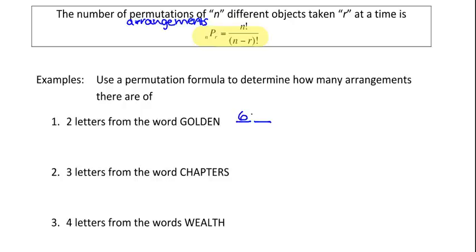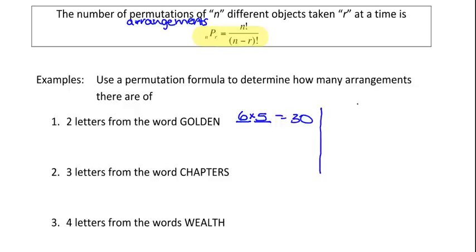That leaves us with 5 in the second, and we get 30. When it says 2 letters from the word golden, we're assuming that we're choosing 2 different letters. So for all of these questions, we'd be considering them to be no repetition allowed. So we get 30.